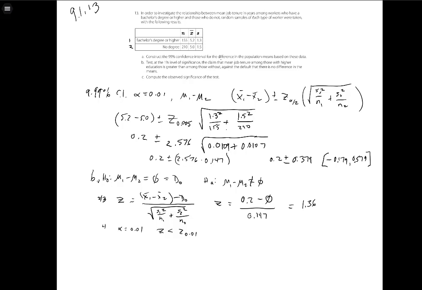Let me pause there. I paused for a minute because I was looking at this again and scratching my head. If you look at part B, it's saying that the job tenure among those with higher education is greater than those without, and I had said is different. If you look back at how I put the alternative hypothesis in place, I'd said not equal to.